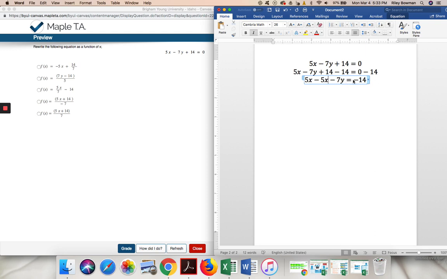So if I subtract 5x from that side, I also need to subtract 5x from this side. I'm going to put the x first just because it makes it nice. I could have done negative 14 minus 5x, but same difference. So these ones are gone, and I end up with negative 7y equals negative 5x minus 14.